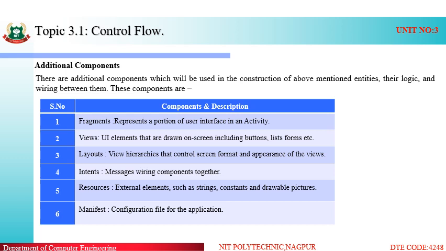We can divide the entire screen into small fragments or multiple columns, so we can place our data inside those fragments or columns. Views are the different controls such as button, text box, timers, hyperlinks, etc. Layouts are the different layouts we can use, such as relative layout and absolute layout, then intents, resources, and manifest.